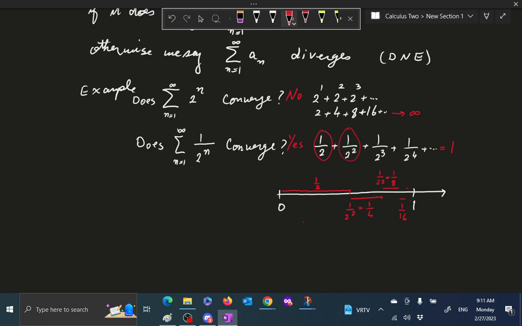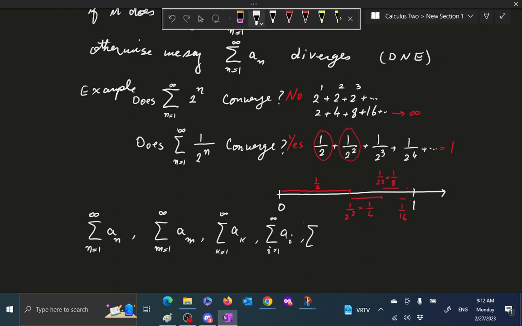Next issue up is the notation that is used. It is common that we use sigma, a sub n, with n running from 1 to infinity. It is just a traditional convention to use a letter n for counting natural numbers. You could have used another letter: a sub m, m from 1 to infinity, a sub k, k from 1 to infinity, a sub i, a sub j, and if you wish even one more, a sub l, l from 1 to infinity.